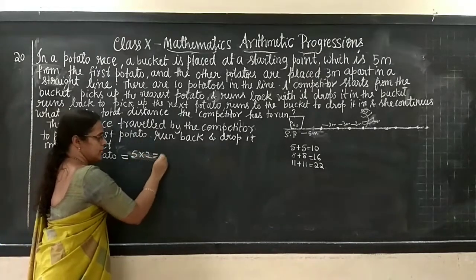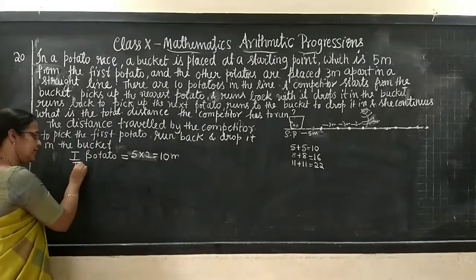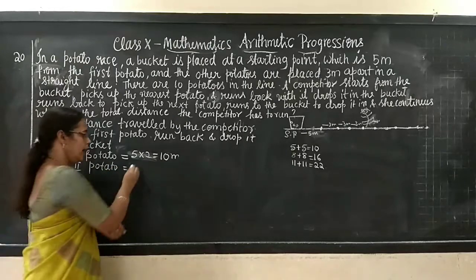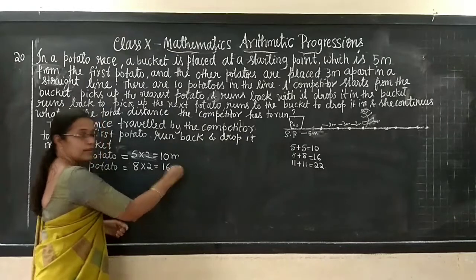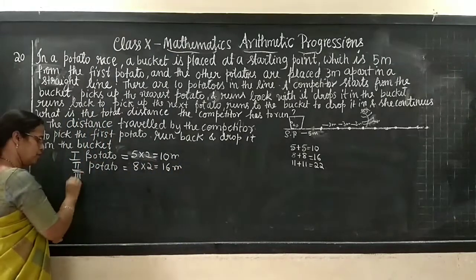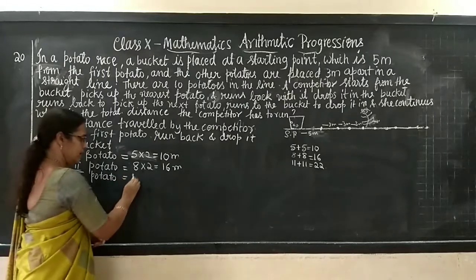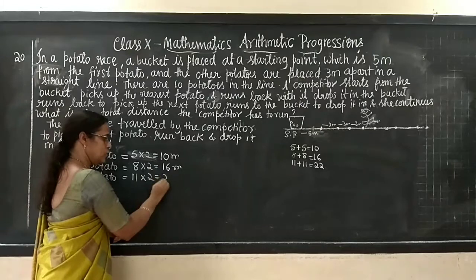It is 10 meters. Then the second potato, the distance she travels is 8 into 2. That is 16. For the third potato, again 11. 5 plus 3 plus 3. 11 into 2. That is 22.